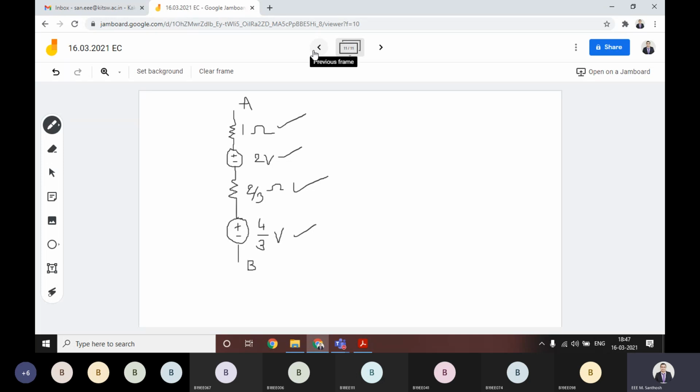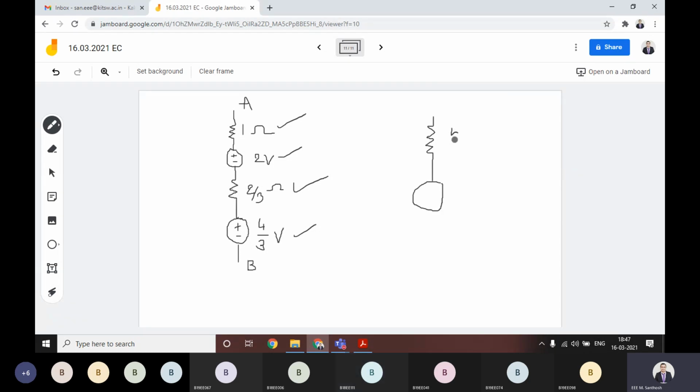Then we have already told you, in case of the voltage also we need to add, in case of the resistances also we need to add. Then 1 plus 2 by 3, how much is this resistance? 1.6.